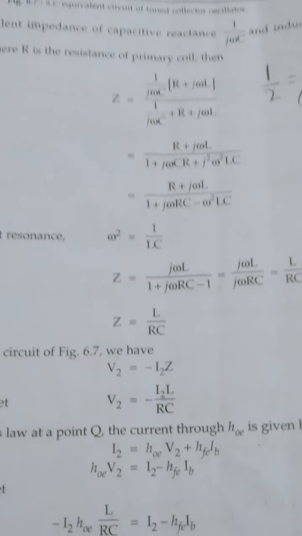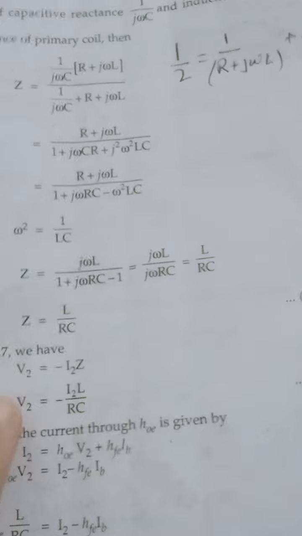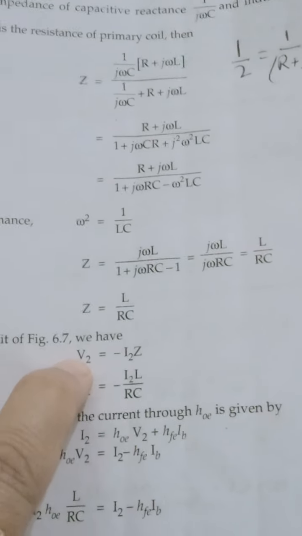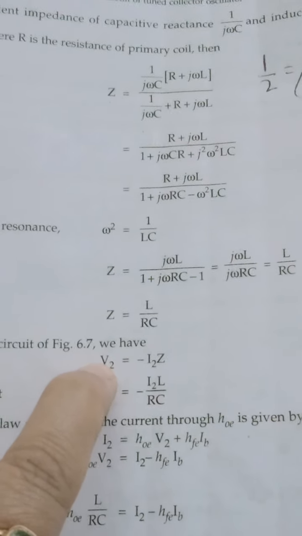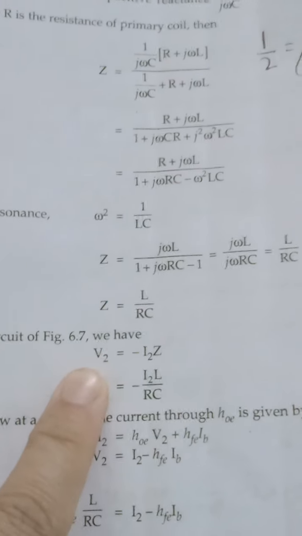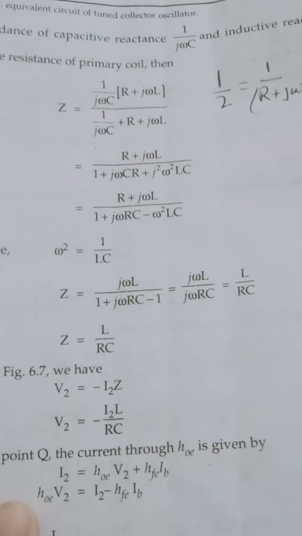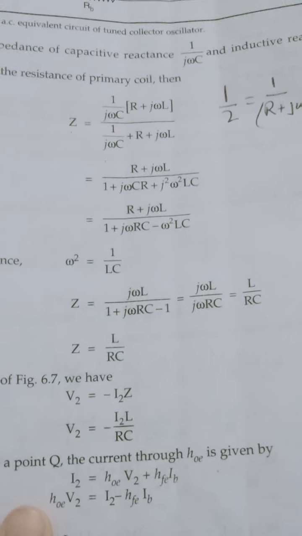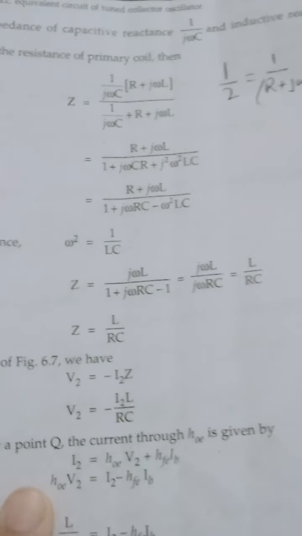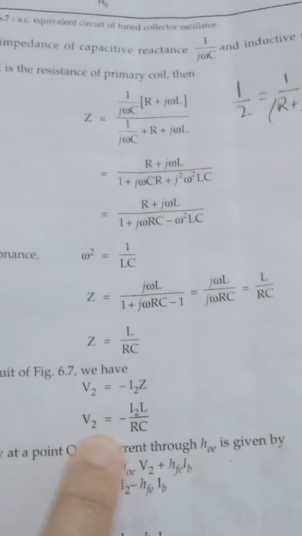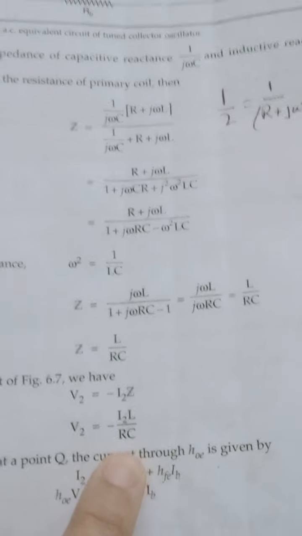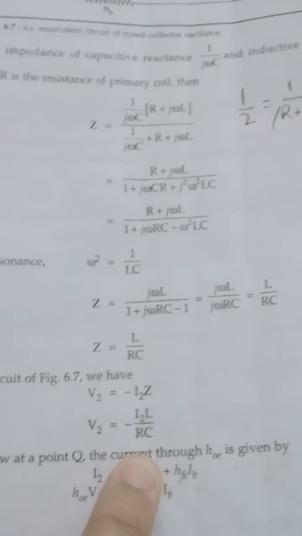So in accordance with this, my potential V2 across the parallel combination of L and C will be minus I2 into Z. And after putting the value of Z that we have calculated previously, this will be equal to minus I2 L upon RC.